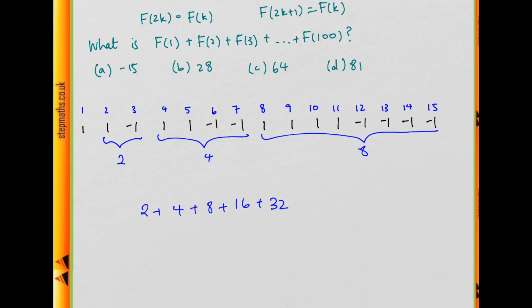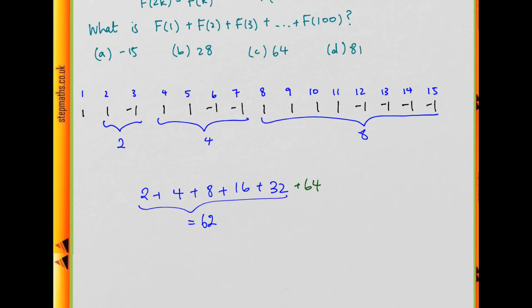After this we would get the next 64 numbers cancelling themselves out, so we'd have 32 ones and 32 minus ones. But that's more than 100 numbers counted so far. So less than 100, we're only going to get this many numbers cancelling out, and this is equal to 62.